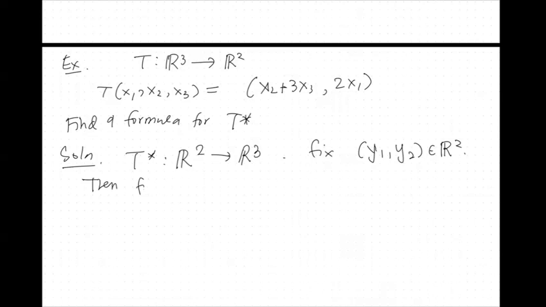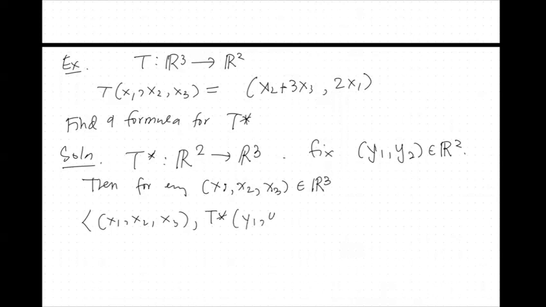Then, for every ordered triple (x1, x2, x3) in R3, the inner product of (x1, x2, x3) and T star of (y1, y2) is equal to the inner product of T of (x1, x2, x3) and (y1, y2).